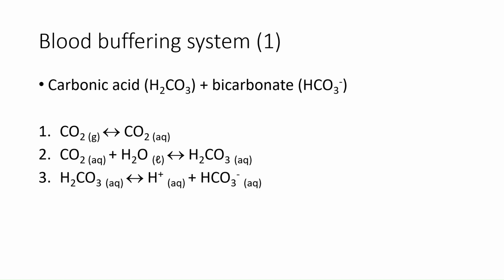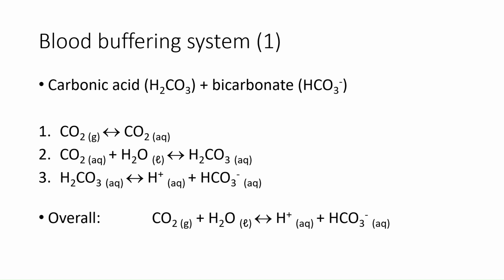That carbonic acid can then dissociate to form bicarbonate and a proton. And so, depending on the amounts of reactants and products present in the system at any one time, you can end up with a particular equilibrium that will have a particular pH, depending on, for example, the concentration of protons in the solution, which, as you know, is one way to calculate the pH.